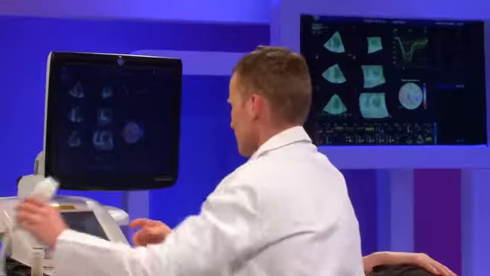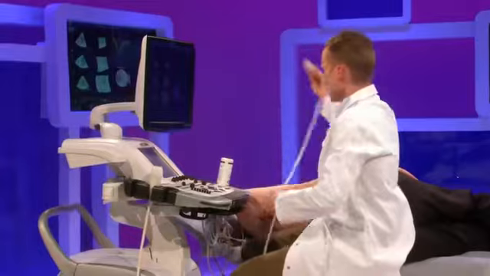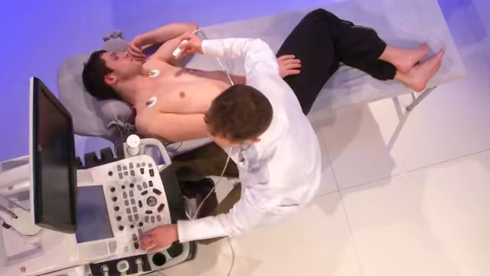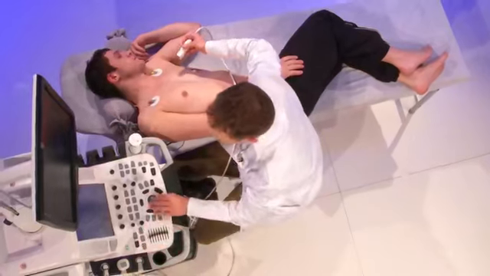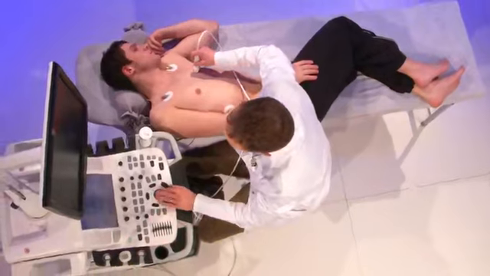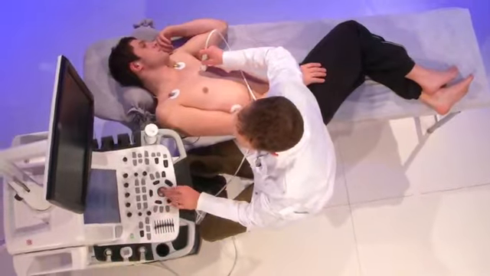Just before the end of this assessment of LV systolic function, I have to use the Doppler technique to get the cardiac output using the Doppler technique. So first, I will start by the parasternal long axis view to measure the diameter of the left ventricular outflow tract.